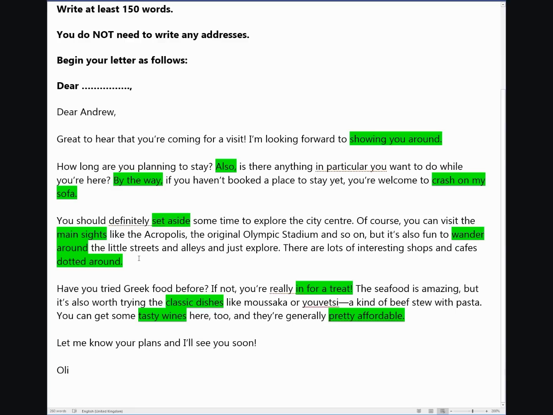Number 3, think about vocabulary and grammar as you write, ideally. Think about using a range of different words. Try to use a range of different sentences. Mix longer and shorter sentences to get some variety. And just make sure that you're not using the same words or the same structures again and again.